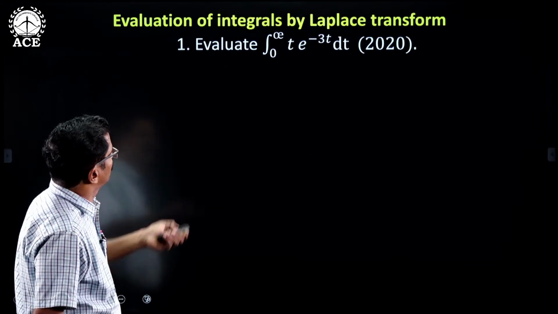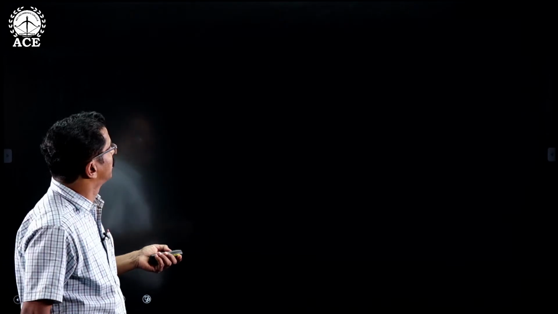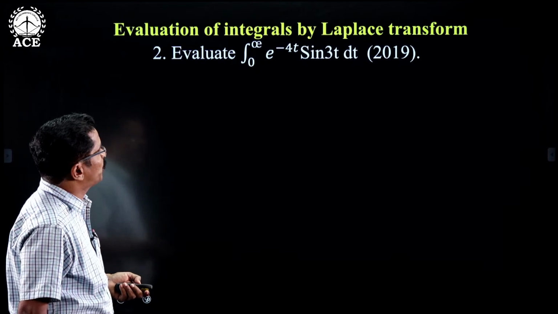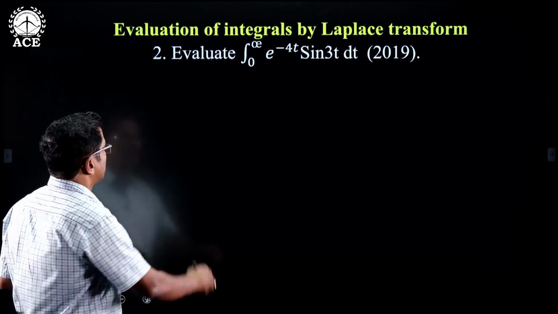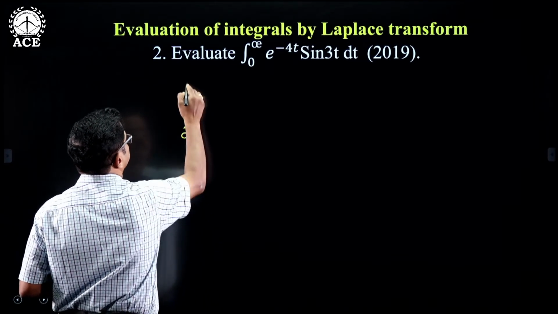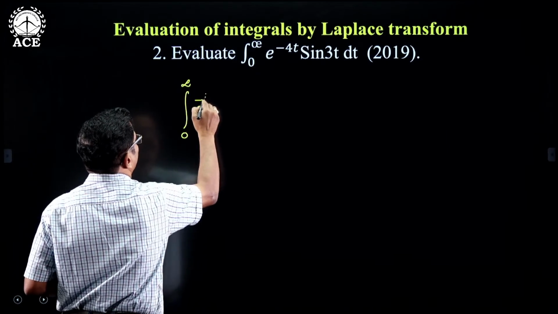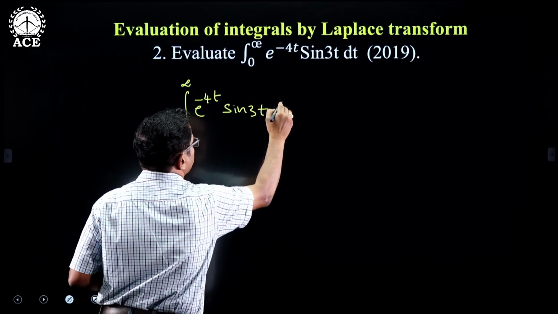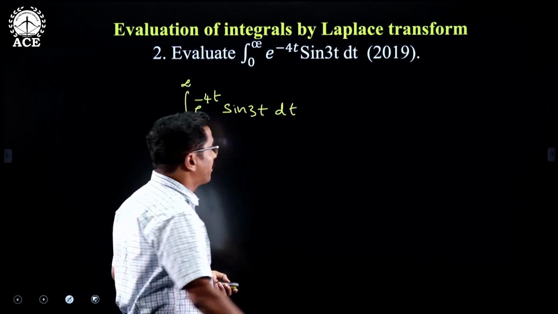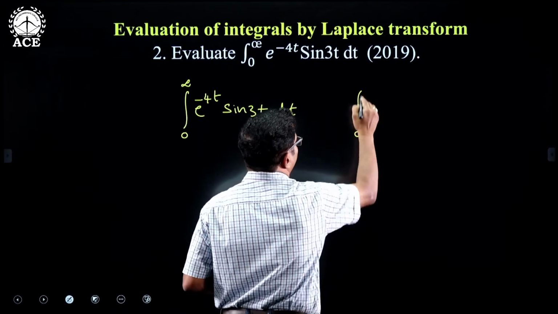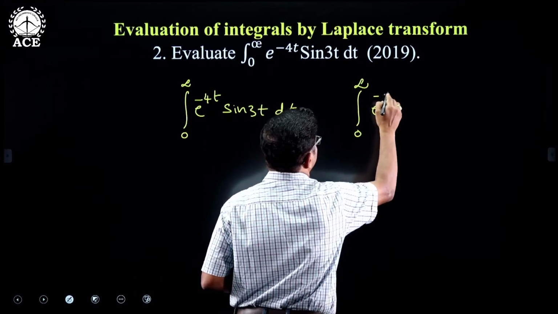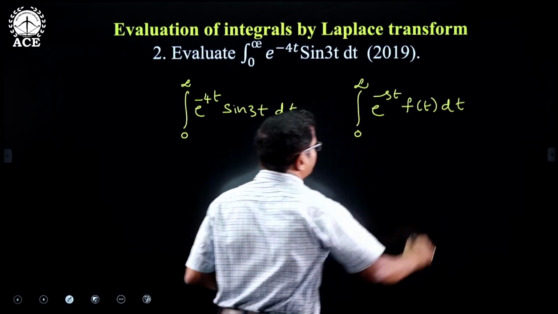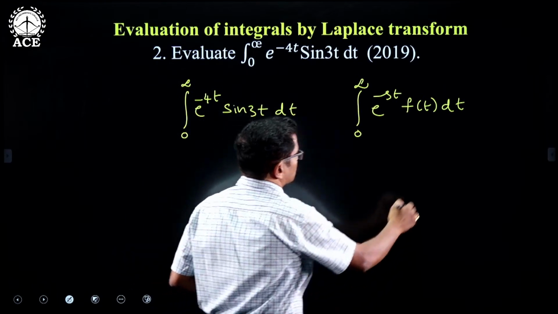Next, integration of 0 to infinite e power minus 4t sin 3t dt. So this also we compare with the Laplace transform definition, e power minus st f of t dt, which is equals to L of f of t.